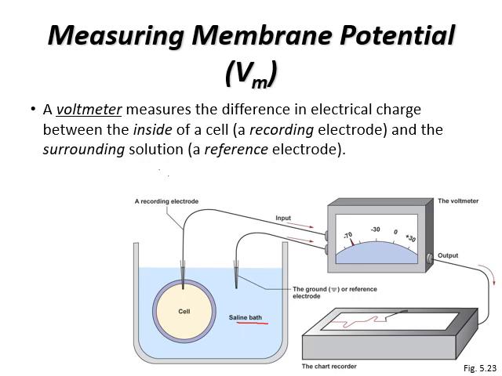If we were to take a voltmeter, put it in the solution, and put it inside the cell, we are going to find that in comparison to the reference electrode, the cell is more negative, roughly around negative 70 millivolts. Between the inside and the outside, it is more negative in the cell.